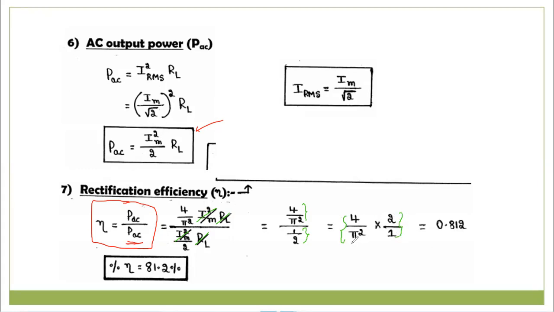If you simplify this expression, we get a value of 0.812. So 0.812 is the efficiency of the full wave center tap rectifier. The efficiency of the full wave center tap rectifier is 81.2%.